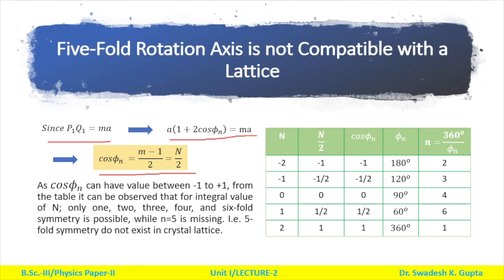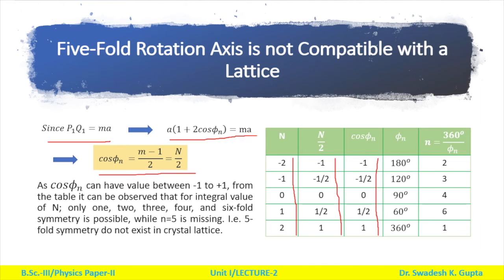Now as n is an integer and cos phi can have a value between minus 1 and plus 1, if we use n from minus 2 to plus 2, then n by 2 will be from minus 1 to plus 1. And because cos phi is equal to n by 2, cos phi will have the same value.